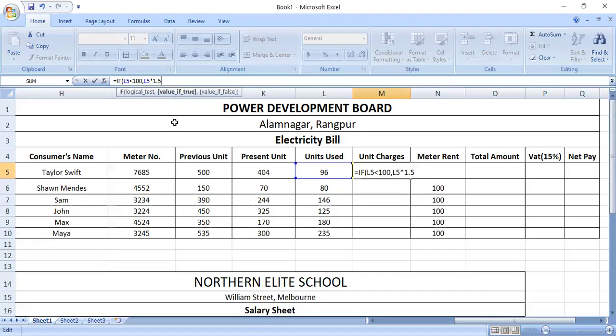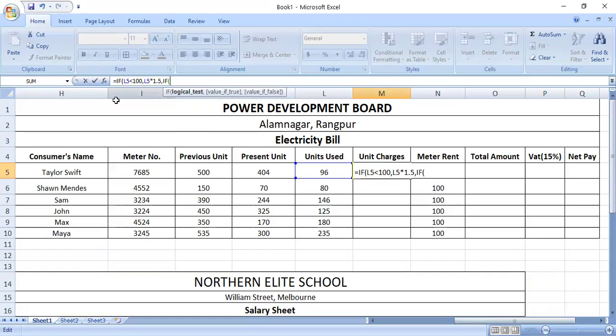This 1.5 or 2, whatever it is, will depend on you, your respective state, country, wherever you live, whatever the charge is, you can put it like that. You might be informed from your office or wherever you work, you will have that data.